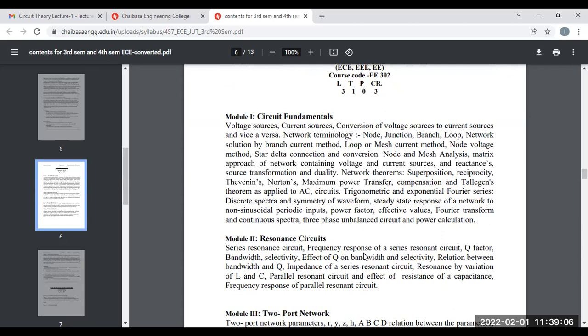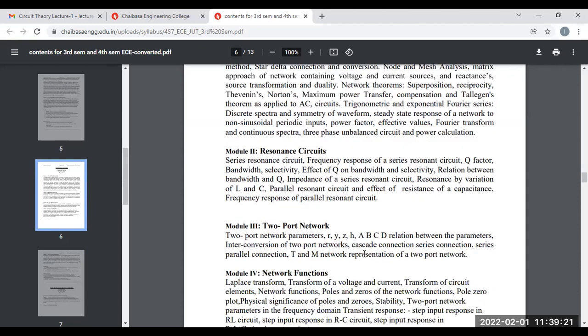Have you studied this subject at the diploma level? Yes, sir. Some points in circuit fundamentals I can see, and I remember all of it. Okay, so all these topics will be discussed in detail in your undergraduate study.